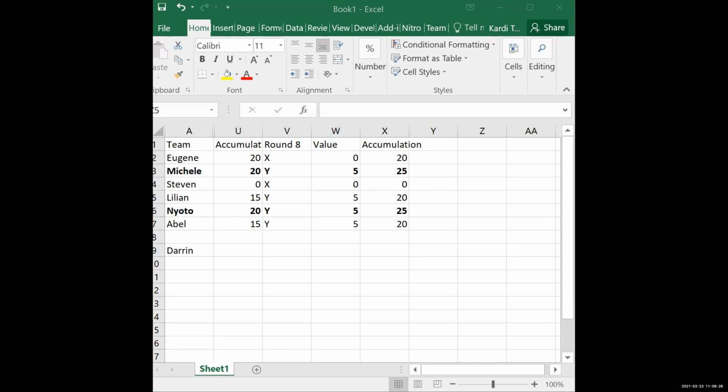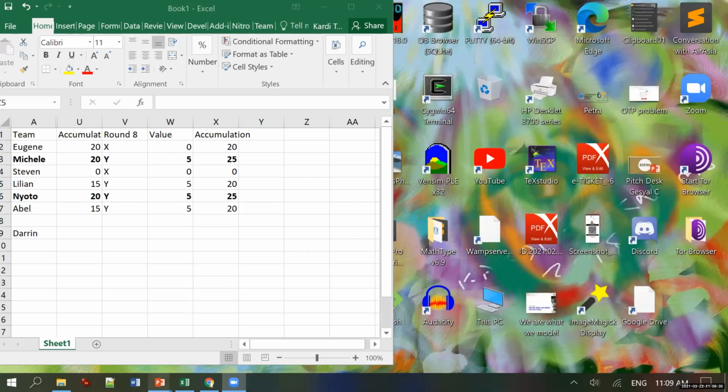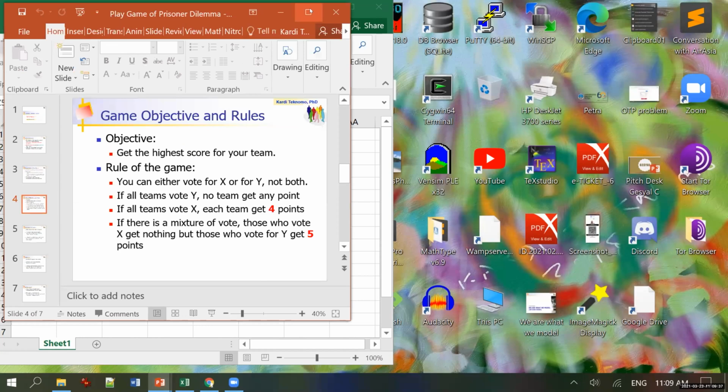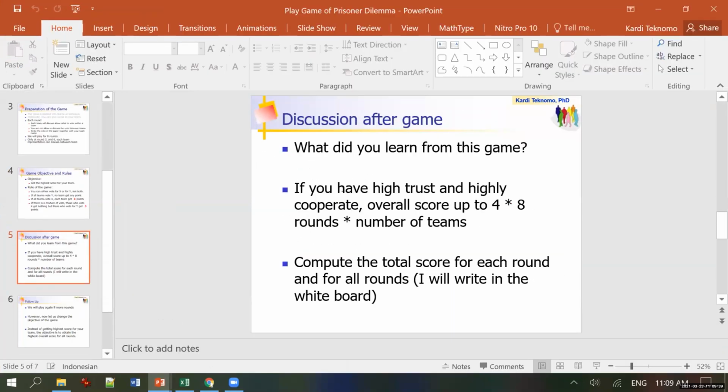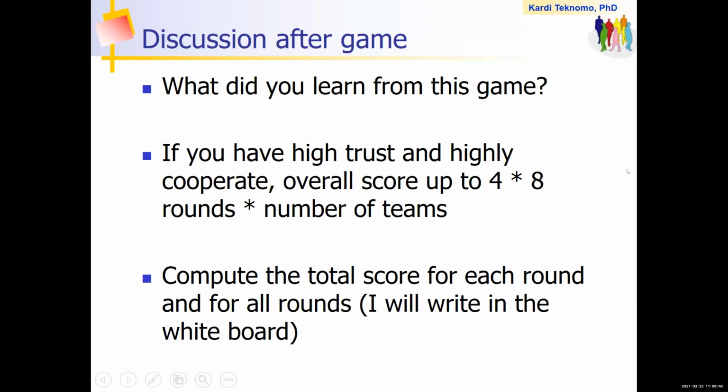Okay, so I will share my screen. Let's think about it. If you play that game, what did you learn from this game? The system is always unfair, always betray. Actually, this is system thinking. If you have high trust and highly cooperate, the overall score will be what? 4 times 8, isn't it? 32.